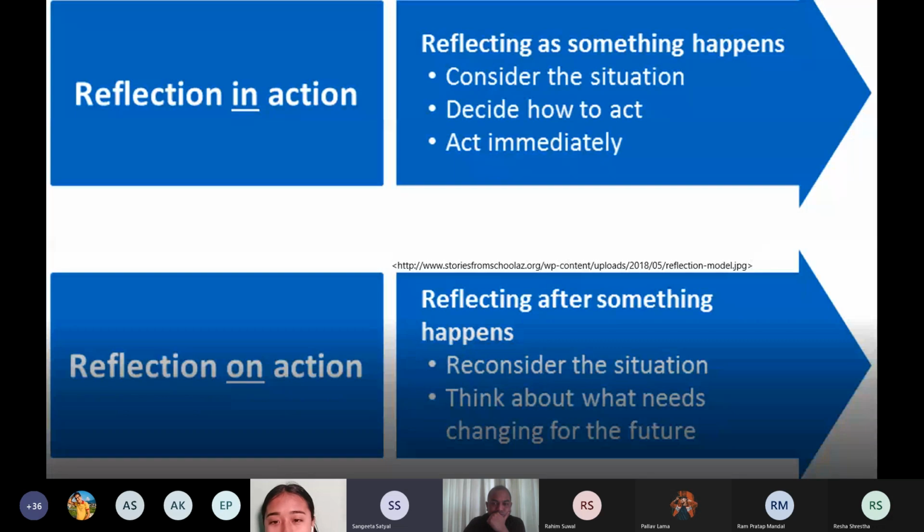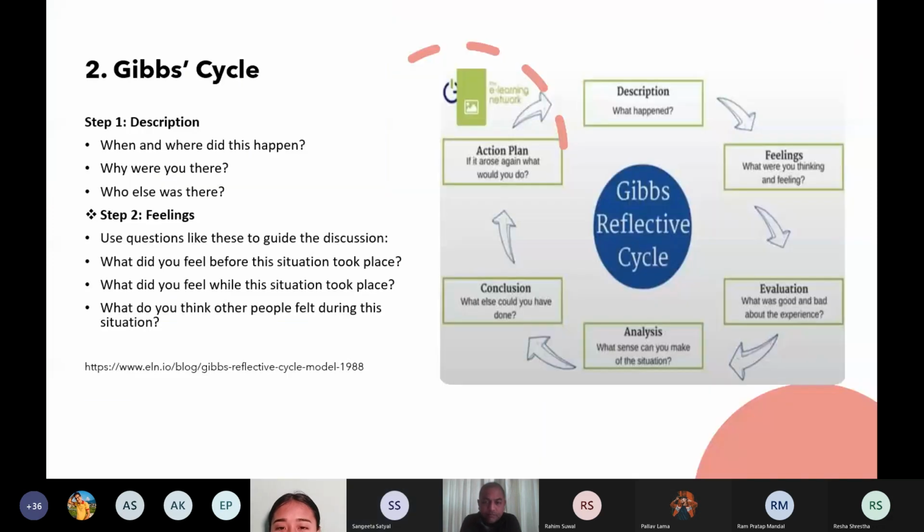And here is the difference between reflection in action and reflection on action: in reflection in action you quickly act to the situation and give immediate action, and in reflection on action you reconsider the situation and change the step that might help you in the future.